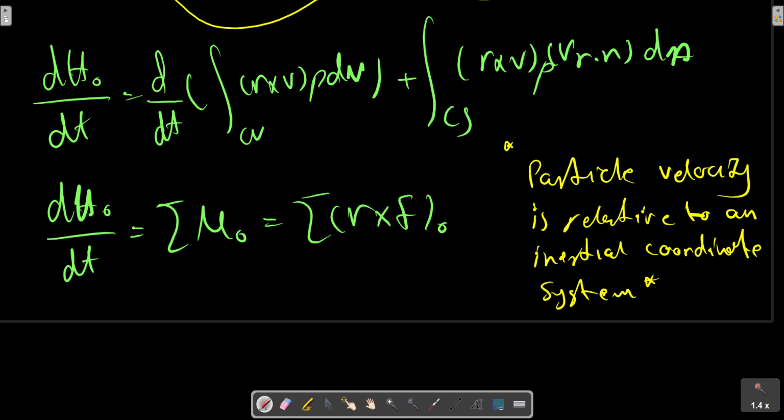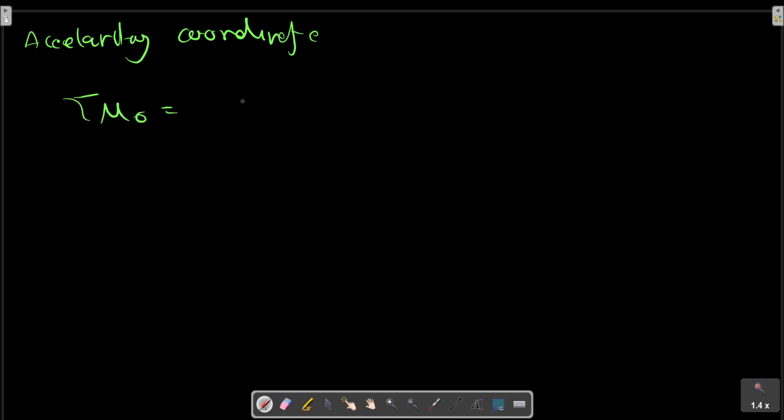And we can write this relation also for the moment about point O of the relative acceleration term, and for an accelerating coordinate system, we can write this relation for the moment about point O, the summation of all forces' moments about point O and the relation of the coordinate system.